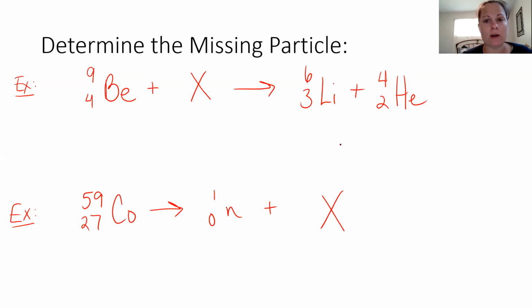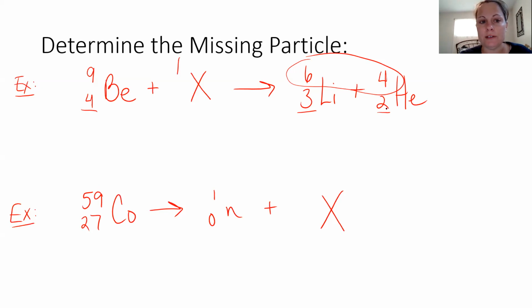I have to figure out, okay, the masses have to add up. On this side of the arrow, the masses are 6 plus 4, which is 10. On this side of the arrow, I only have 9. So my missing mass has to be 1. And then as for my atomic number, on this side, I have a 4. And on this side, I have a 3 and a 2.